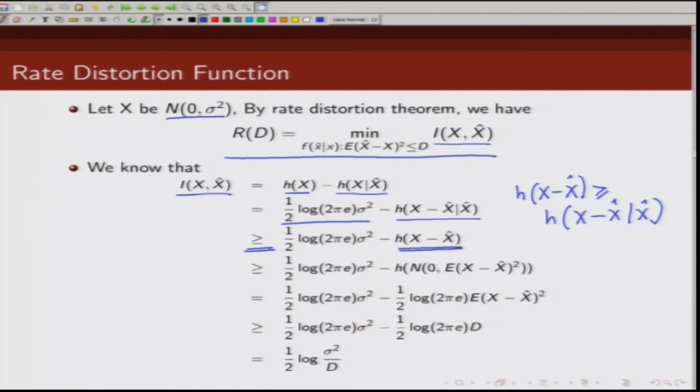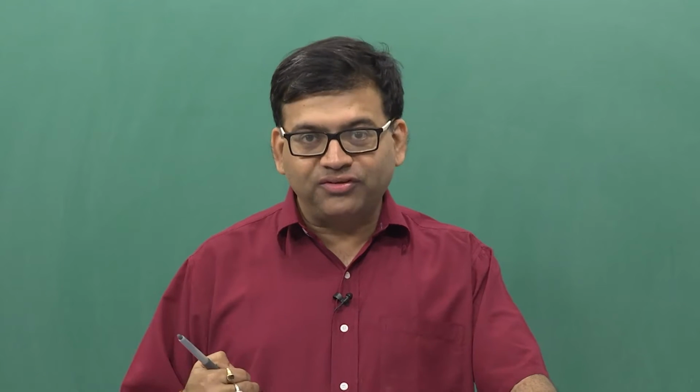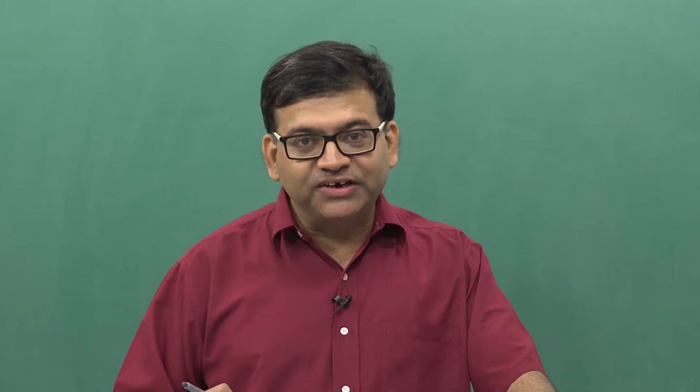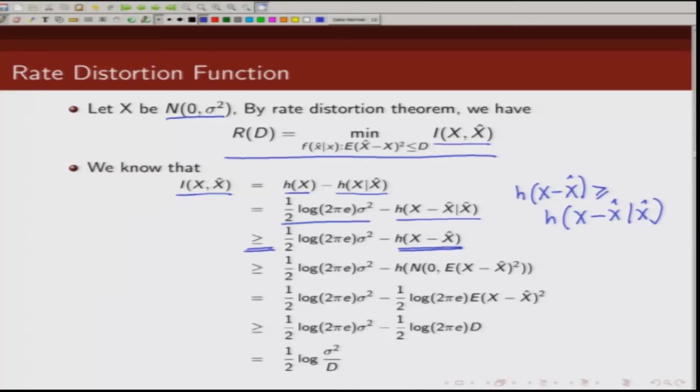Now, we know that given a second order moment, the Gaussian source has the maximum differential entropy, and that is why this is upper bounded by the differential entropy of a Gaussian source with mean 0 and the same variance, which is given by the expected value of X minus X hat whole square.